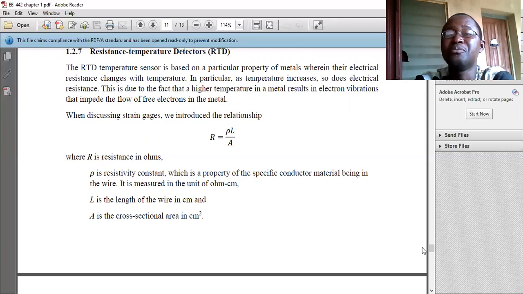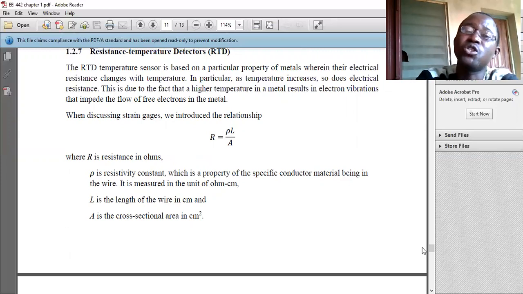This is a converse relationship to what happens in semiconductors. When you increase the temperature of semiconductors, the temperature liberates more electrons in the semiconductor, and those electrons are now carriers. They can carry electric current through the semiconductor. For that reason, the resistance of a semiconductor decreases when you increase the temperature.